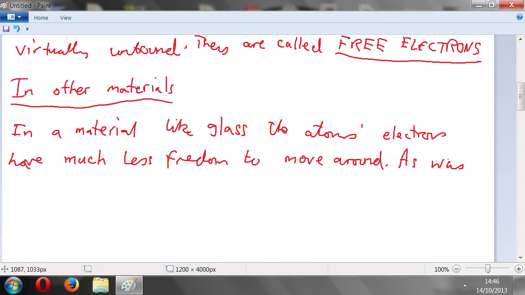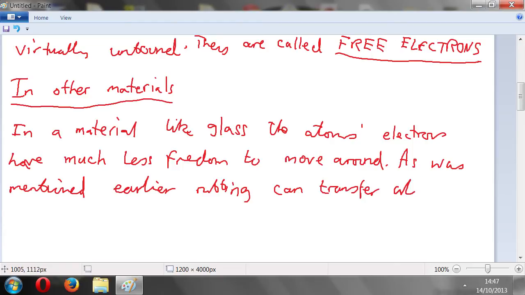As was mentioned earlier, in the case of wax and wool and silk and glass, rubbing can transfer electrons to another material.